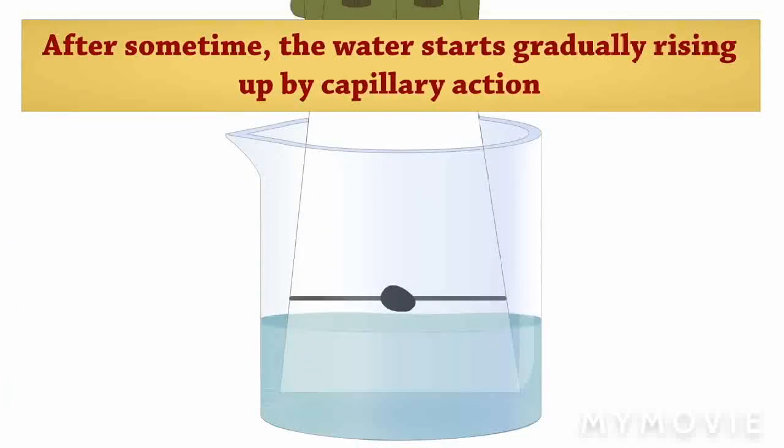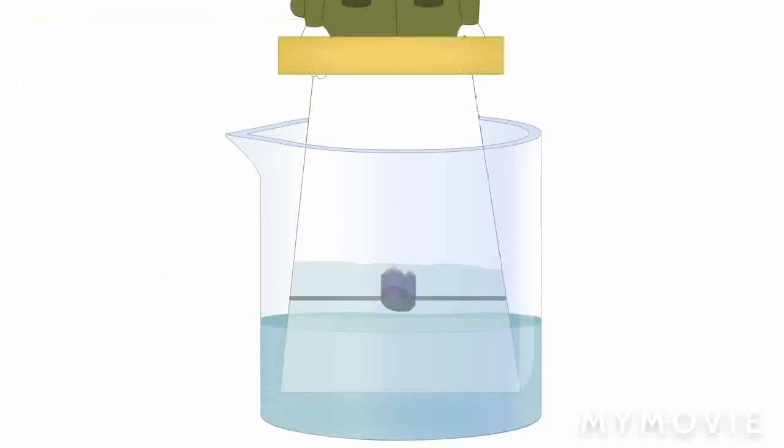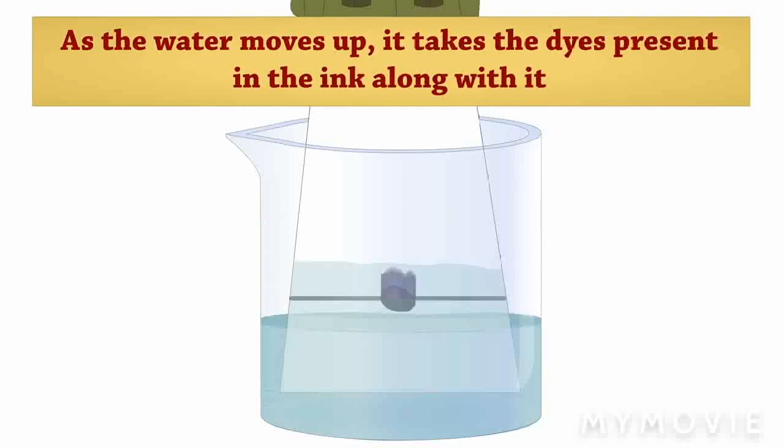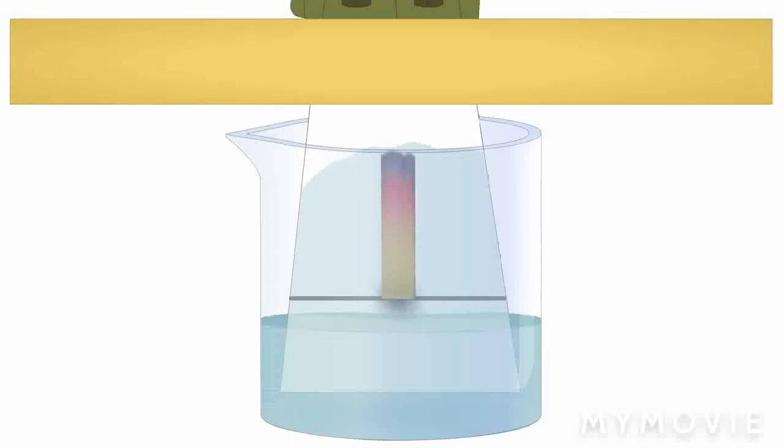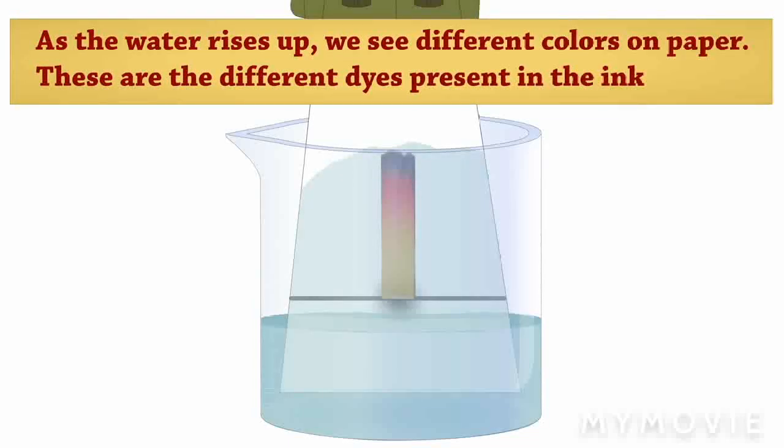After some time, the water starts gradually rising up by capillary action. As the water moves up, it takes the dyes present in the ink along with it. As the water rises up, we see different colors on paper.